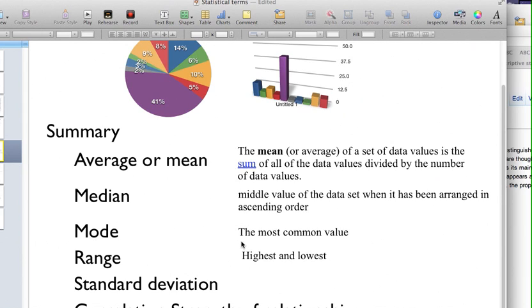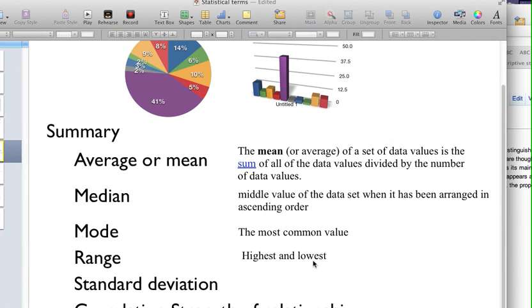The mode is the most common value. So these are things you'll come across when people talk about data, and you need to have a bit of an understanding of what it is. I'll show you all of these, right? The range is simply the highest and the lowest.